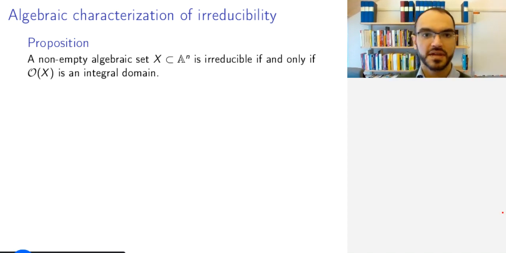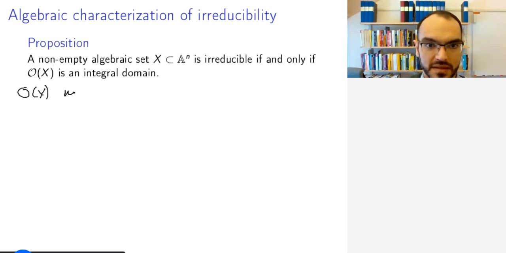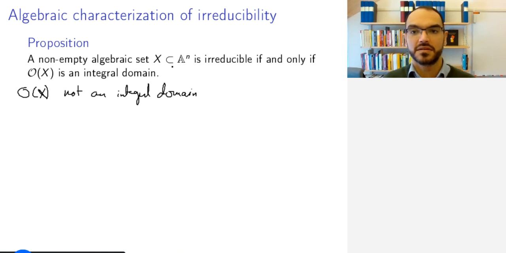So let us prove this. Assume that it is not an integral domain. So if O of X is not an integral domain, then since X is not empty, we know that this is not the 0 ring.